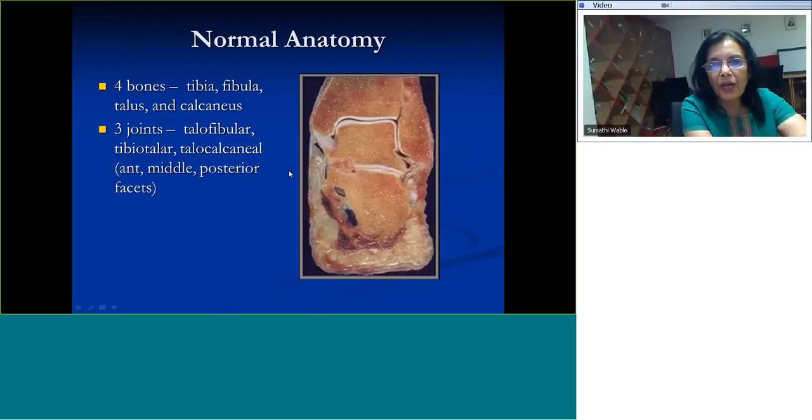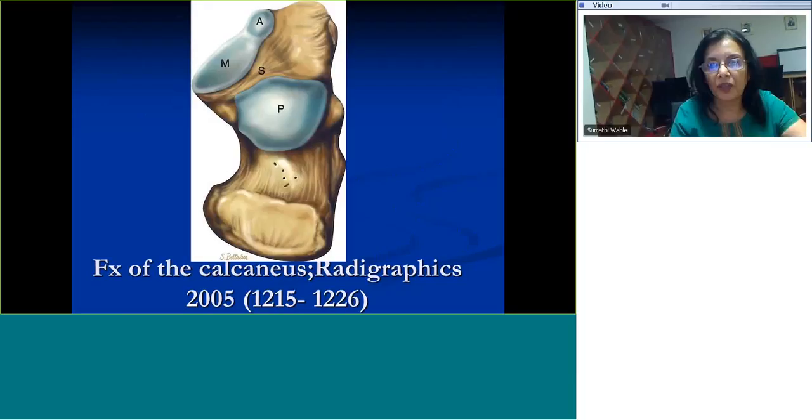As you know, the ankle has 4 bones and is comprised of 3 joints: talofibular, tibial talar, tibiocalcaneal, with middle, anterior and posterior facets, but only anterior and posterior subtalar joints. So we'll come to that.